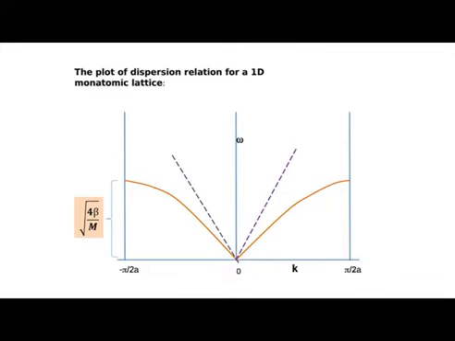Now, if I plot those two expressions, the long wavelength limit ends up in the plot, as you can see in the image, with the dotted lines, and the general case is with the solid lines, which is a function of the sine. It will behave like a sine function.